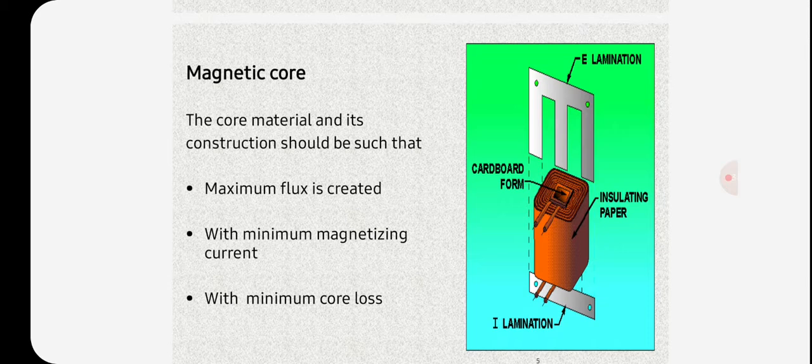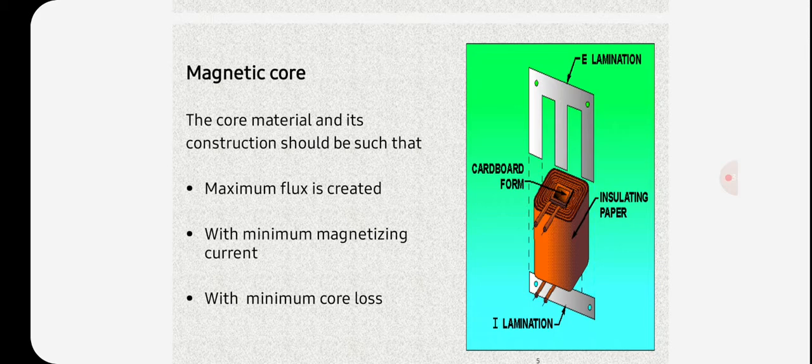The laminations are insulated from each other by means of varnish, impregnated paper or enamel. In every transformer, the laminations are coated with varnish, or impregnated paper, or enamel coating is used for insulation purposes.